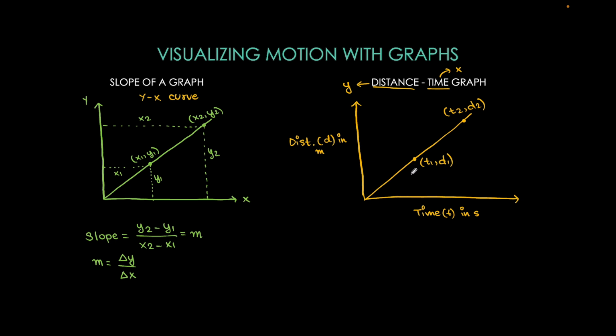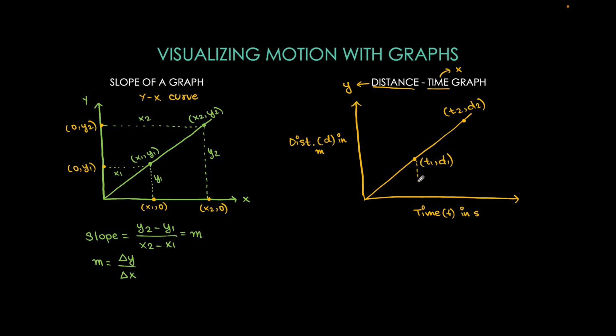Now, if we need to calculate the slope, one more thing in this concept: this point can be written as x1 comma 0 and this point can be written as 0 comma y1. Similarly, this point can be written as 0 comma y2 and this point can be written as x2 comma 0. This is how we write coordinates. Okay, so this is very important for you to understand.